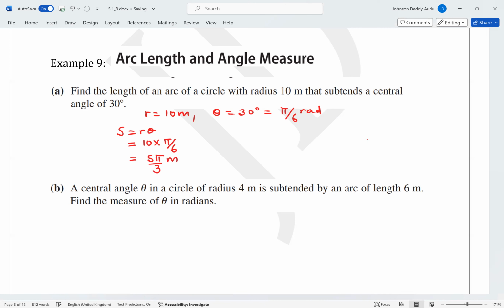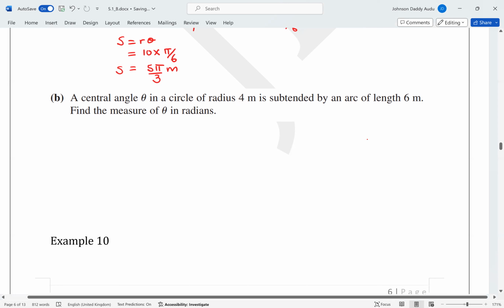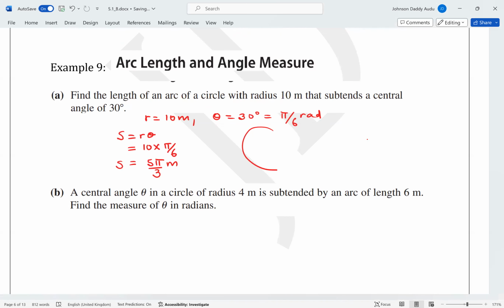And this should be in meters, the same unit as the radius. You can draw this: the radius is 10 meters and theta is pi over 6. So this is our S here, which is this length here.